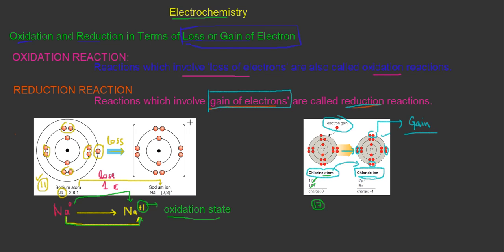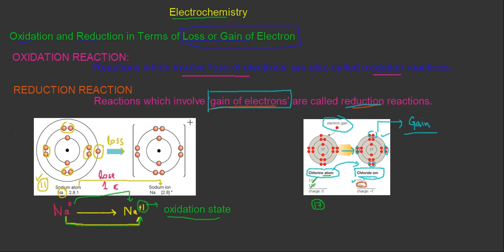Now in this case the proton number is the same because protons are present in the nucleus. So the proton number would remain the same, but since this chlorine atom has gained an extra electron, it is converted into chloride ion. After gaining an extra electron, it now has 18 electrons.